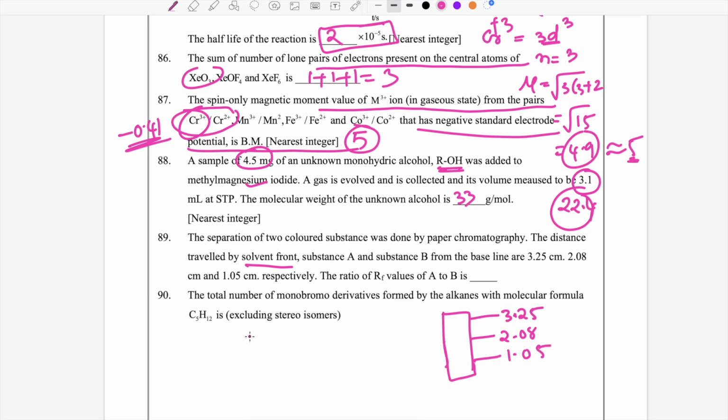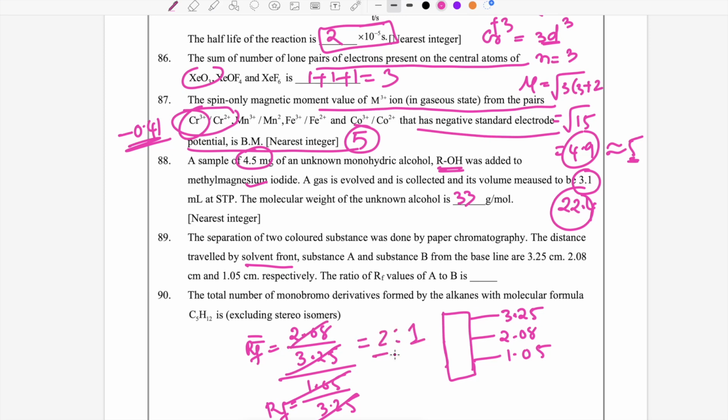So for the first one it should be 2.08 divided by 3.25, and for the other 1.05 divided by 3.25. This is the retardation factor for A and this is for B. Obviously the 3.25 cancels out, so this gives us 2 to 1, which equals 2A. The answer is 2A.